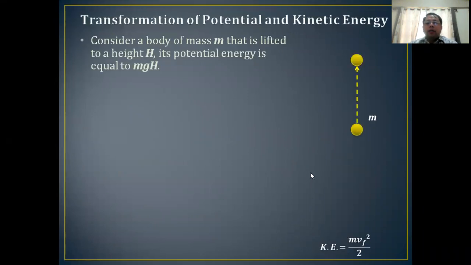Now, for our potential energy and kinetic energy transformation, how do kinetic and potential energy change? Maybe now we can think of an object starting from the ground, and we will try to throw it upward. And probably to do that, we will initially need an initial velocity. So as this one goes up, you need to provide it with kinetic energy.